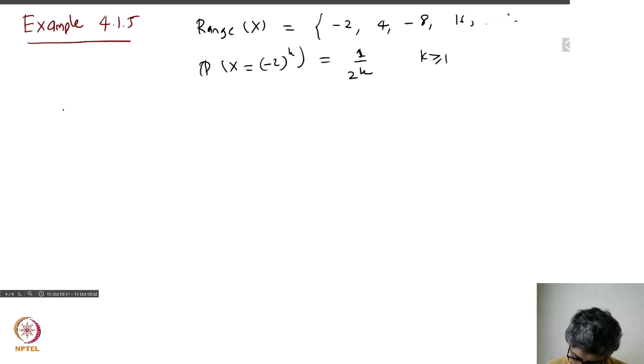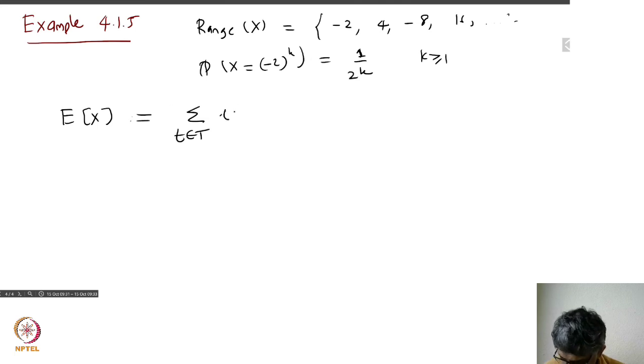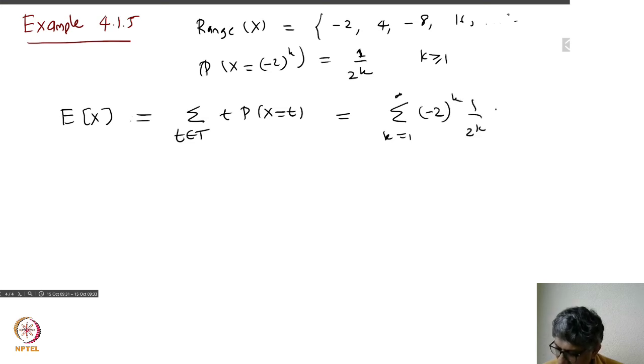If you want the expected value of X, you define it again as the sum over t of t times the probability that X equals t. Formally, you would write it as the sum from k equal to 1 to infinity of minus 2 to the power k times 1 over 2 to the power k.